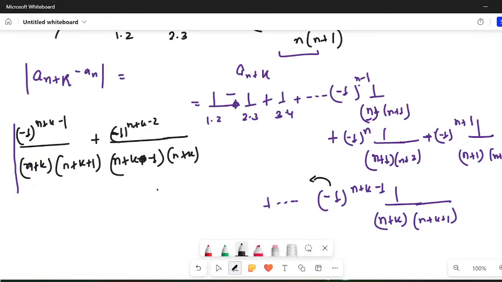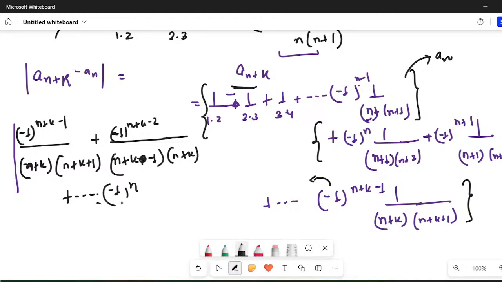Okay, and if I keep on doing this, it will be done till this point, because till this point a_{n+k}, this is a_n. So a_{n+k} minus a_n would be this term. The last term would be minus 1 raised to power n divided by n plus 1 into n plus 2 modulus.